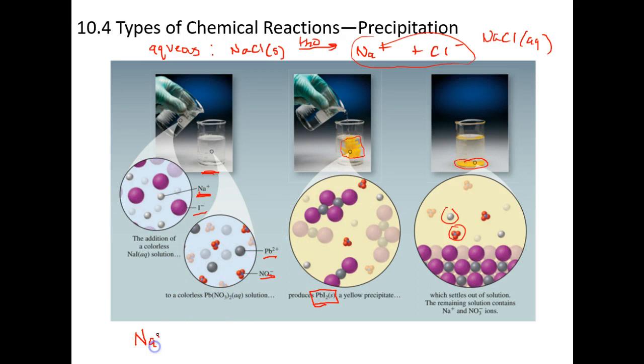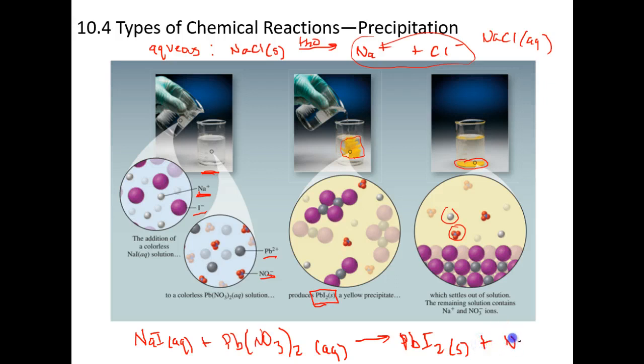You've got sodium iodide, which is aqueous, and then you add it to lead(II) nitrate, which is also aqueous. But when you mix the two together, you form lead iodide, which is a solid now, plus sodium nitrate, which is still aqueous.